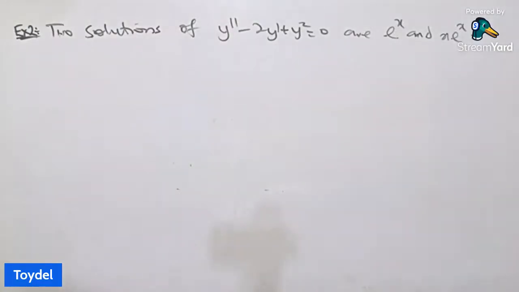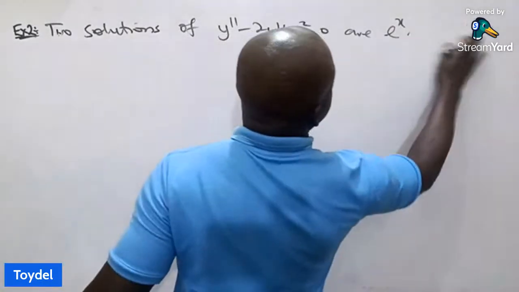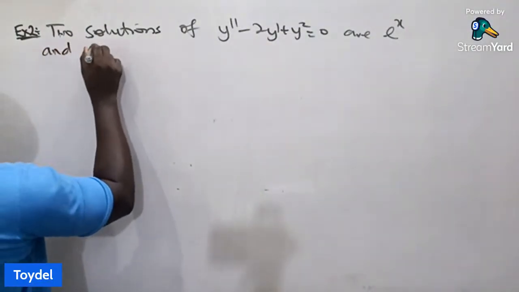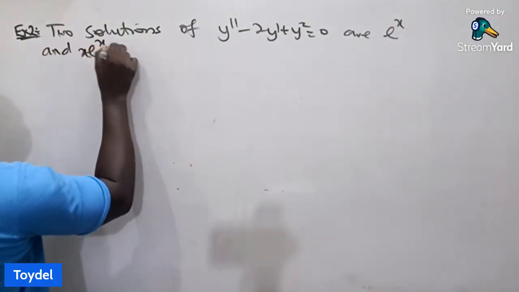That is the question. Two solutions of the differential equation is what we have on the board: e raised power x and x e raised power x.